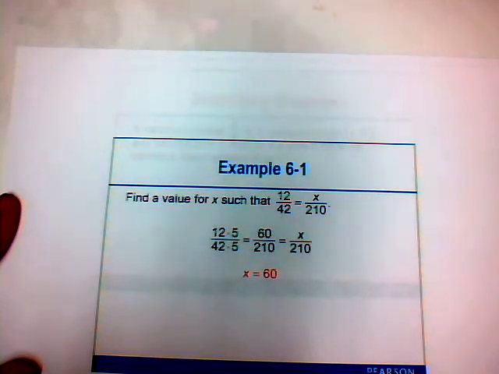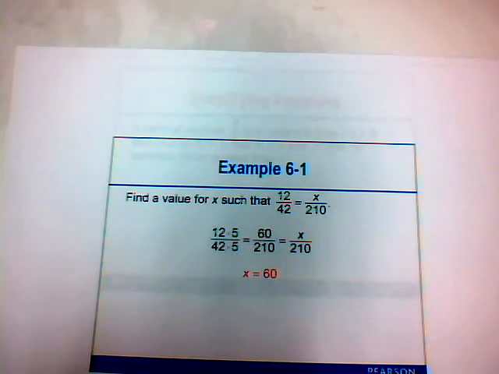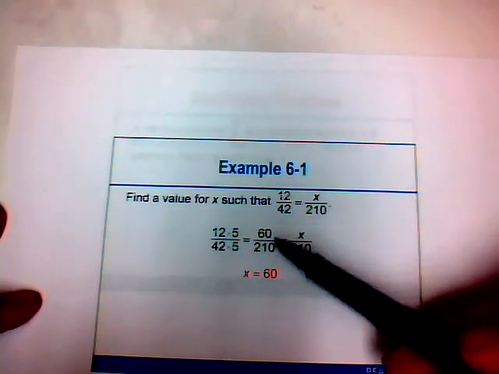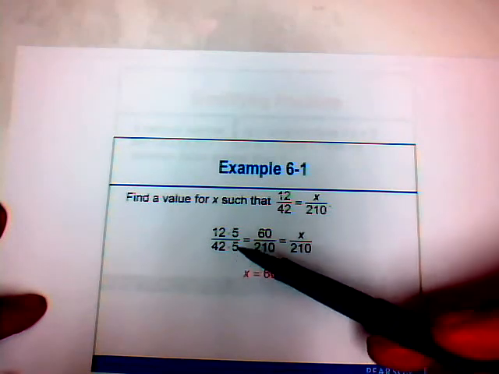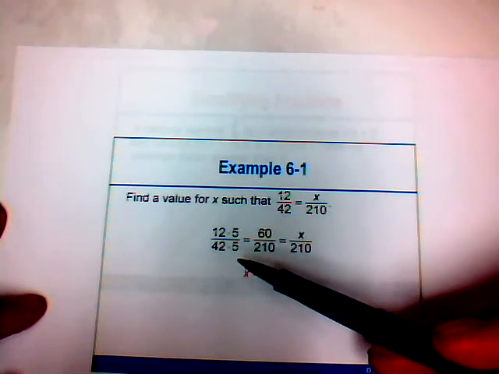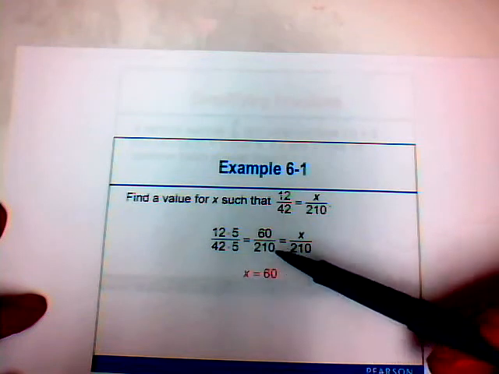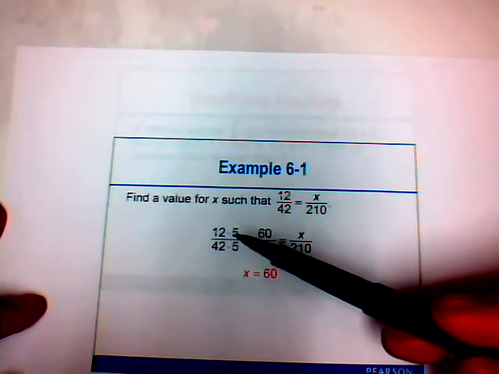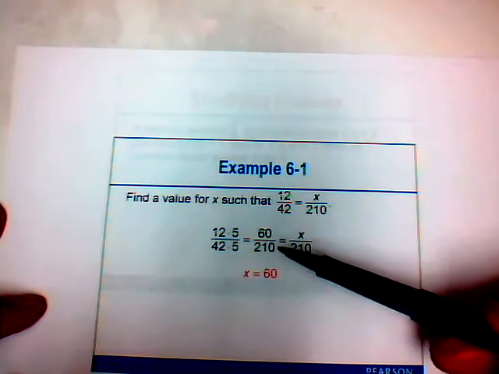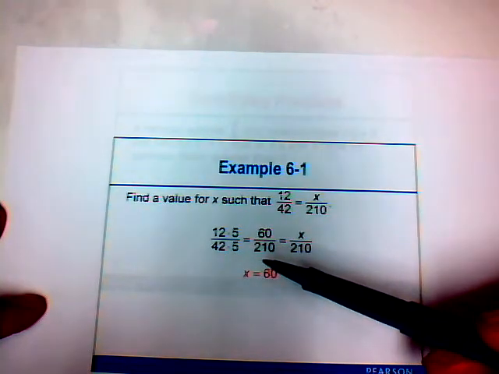Look at this example here. You want to find a value for x such that 12 over 42 is equal to x over 210. What they did was come up with an equivalent fraction for 12 over 42 that has the same denominator of 210.